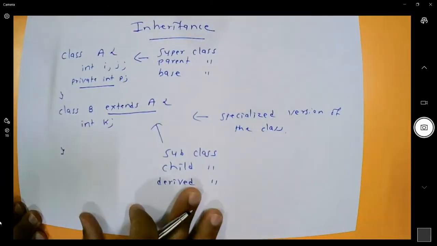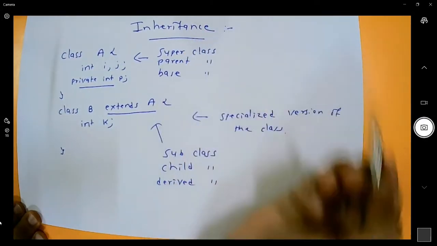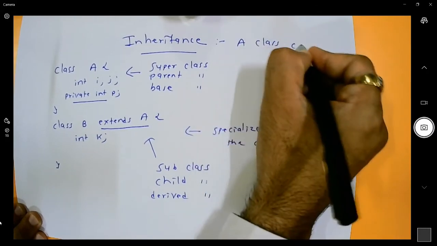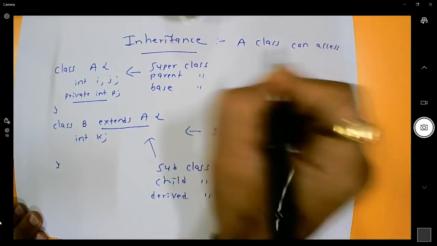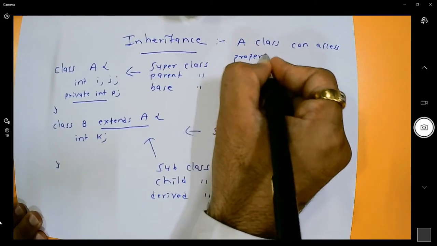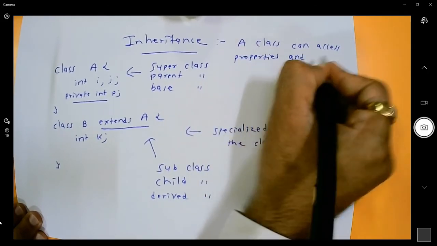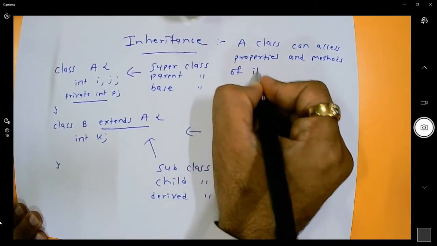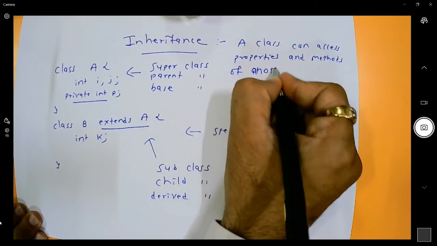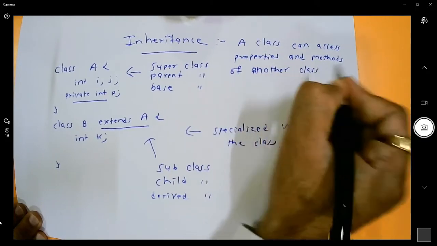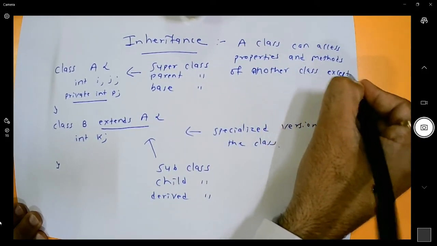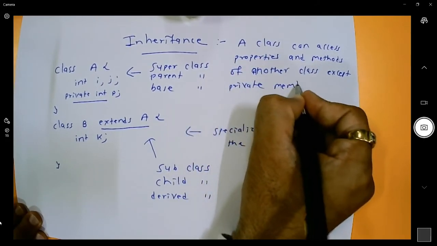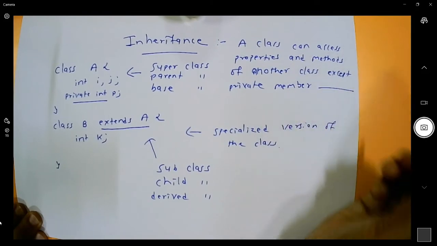So what is inheritance? I want to write a simple definition. We can say a class accessing the properties and methods of another class, except private members, is known as inheritance.